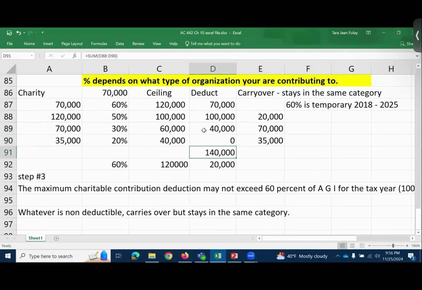No, I want it to be 20. Oh, let me try this again. Minus 40. Okay. But I have to take this out. That's why I was messing it up. So I'm gonna keep it what it was.